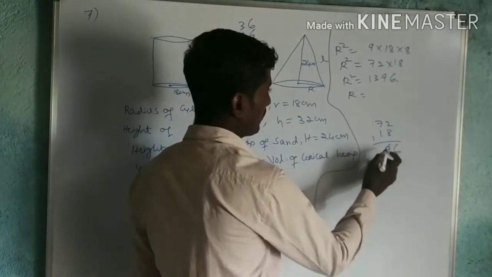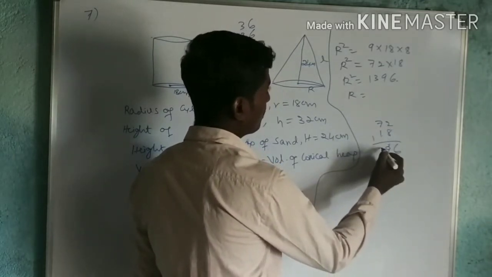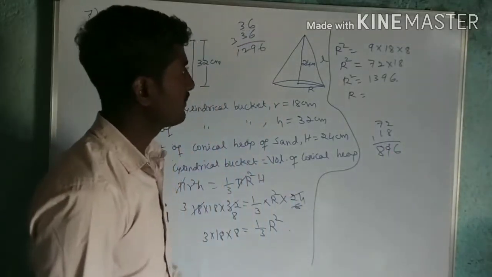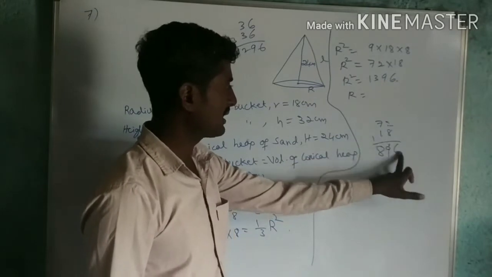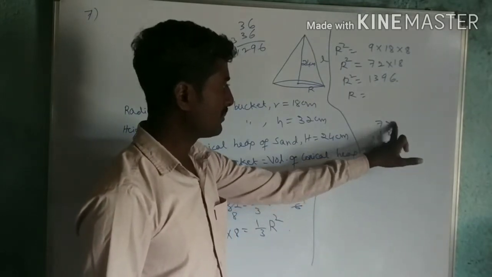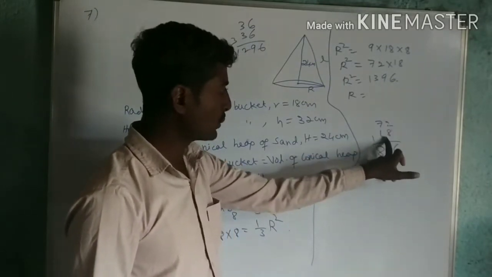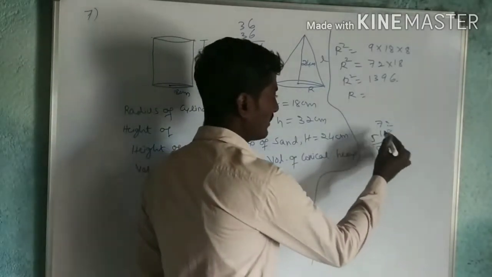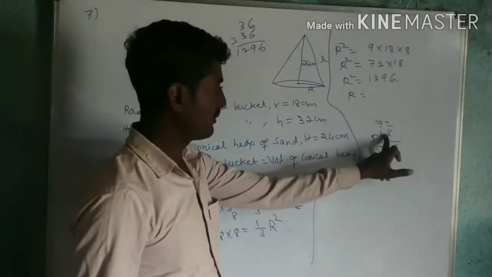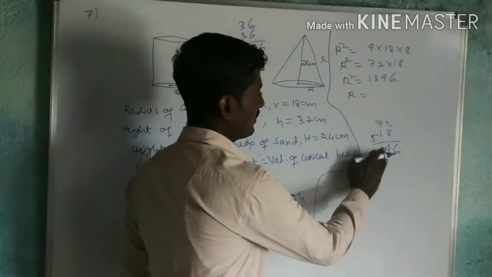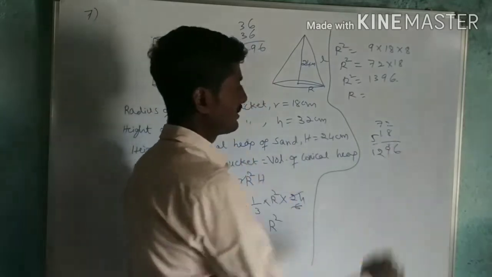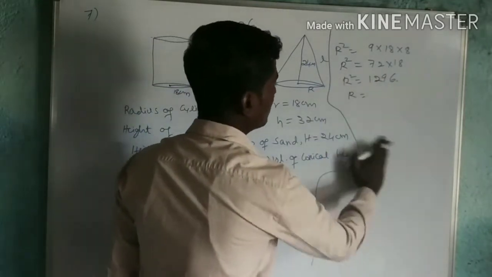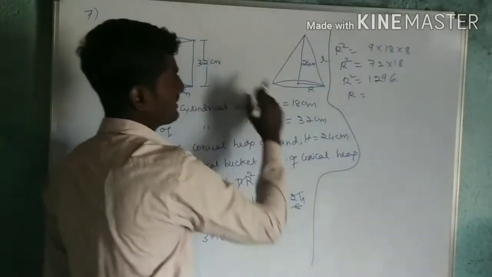Next 7 plus 5, that is 12. So this is how much? 1296 it is. So it means 36.